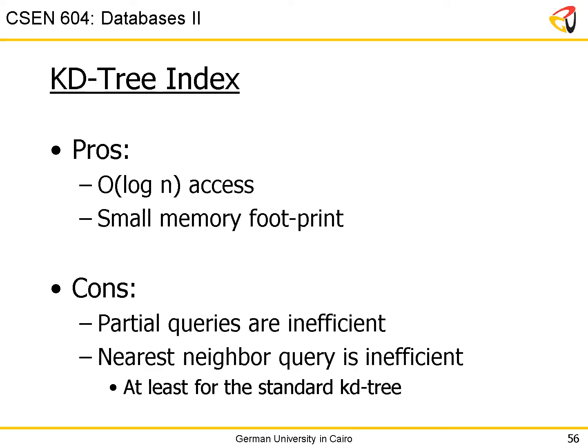So, what are the pros of KD trees? The nice thing is it's log n. The number of nodes that you typically have, not the pages, but the nodes, will always be very small. It's going to be log n, so most likely you can fit it in memory.